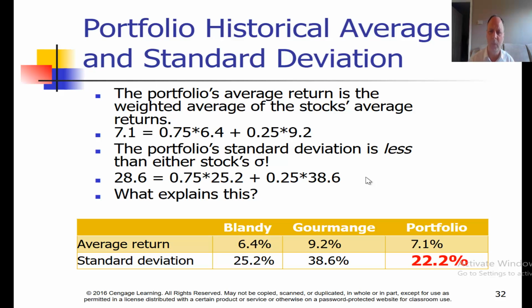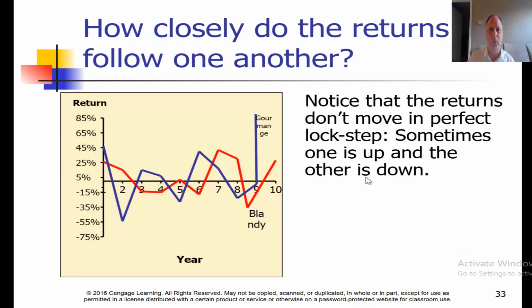Why would this be? The answer is the two stocks aren't completely correlated. If we look at the returns of these two stocks over time, we have the blue line, the volatile Gramage stock, going up and down year by year, and the Blandy stock going up and down year by year.